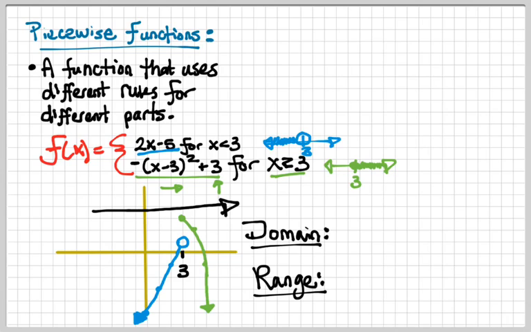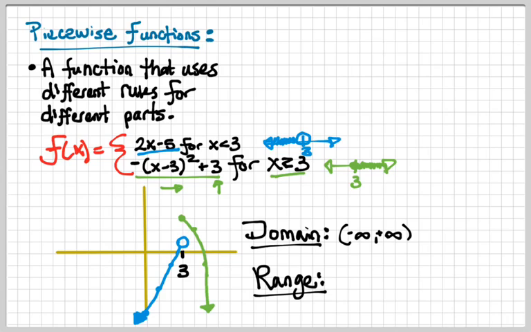Even at 3, we have an x value at 3. Even though it looks like it jumps up, moving from left to right, it continues. There's values everywhere. So our domain will be negative infinity, comma positive infinity.